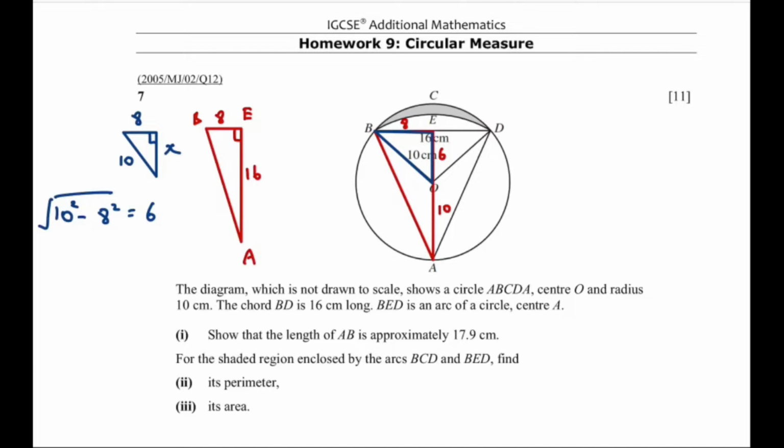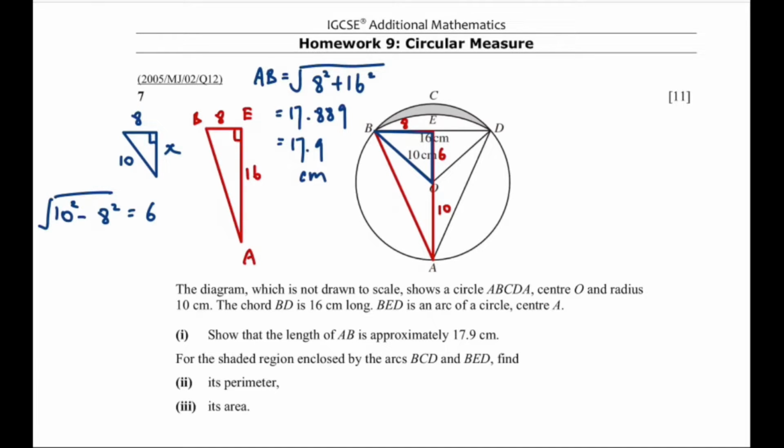The length of AB is the same as the square root of 8 squared plus 16 squared. What do we have? We have 17.889. I always give more digits, then I round it off to 17.9 cm.